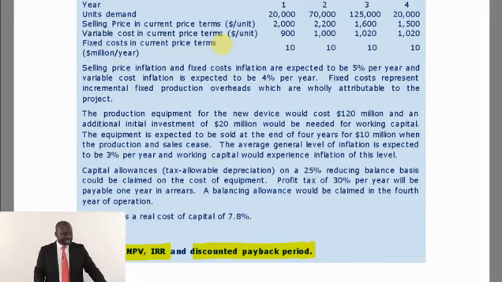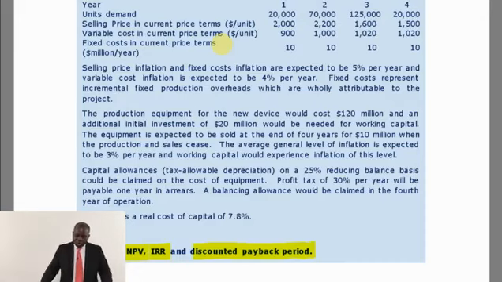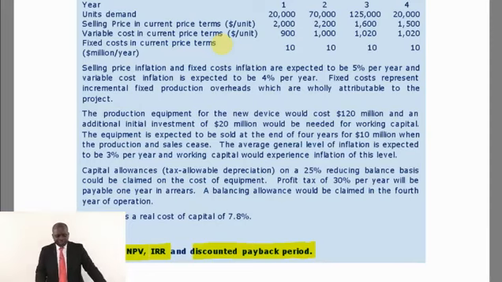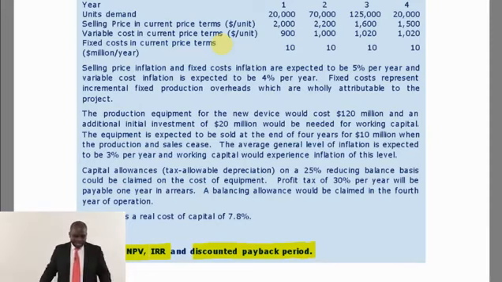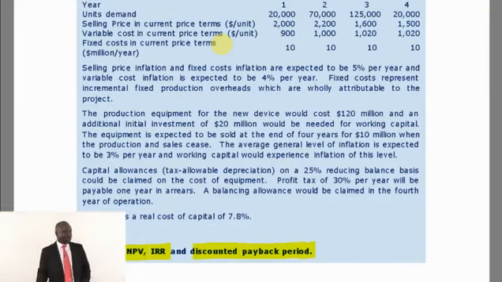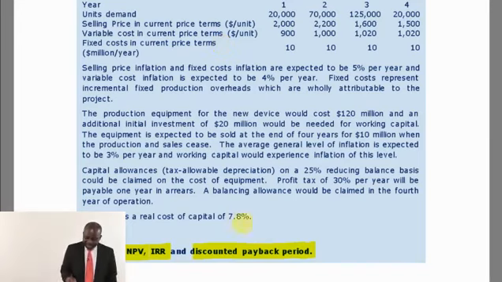Capital allowances, tax allowable depreciation on a 25% reducing balance basis, could be claimed on the cost of equipment. Profit tax of 30% per year will be payable 1 year in arrears. A balancing allowance will be claimed in the 4th year of operation. Gatorco has a real cost of capital of 7.8%.